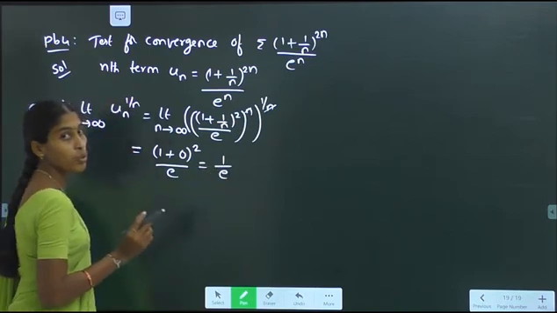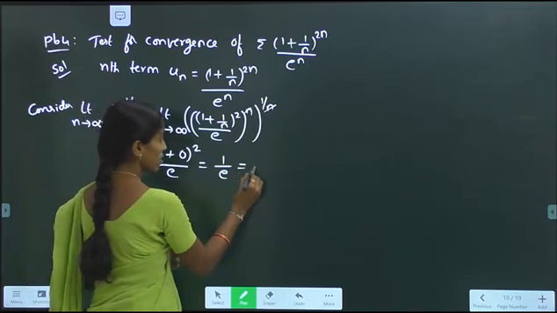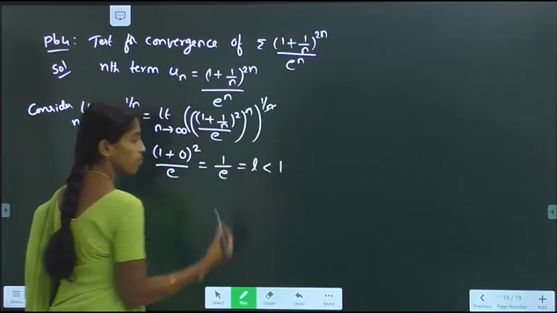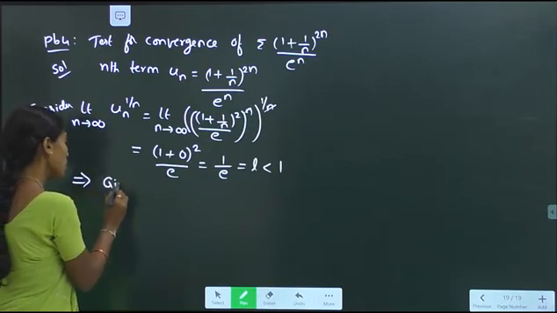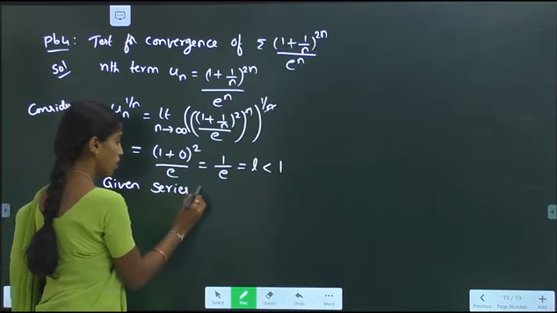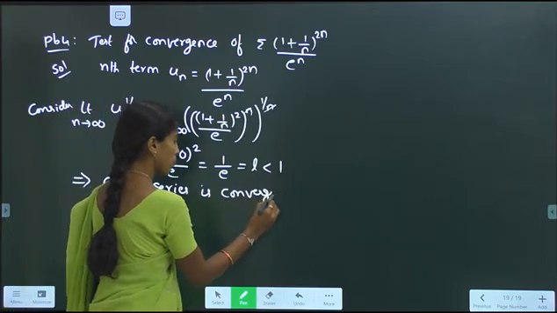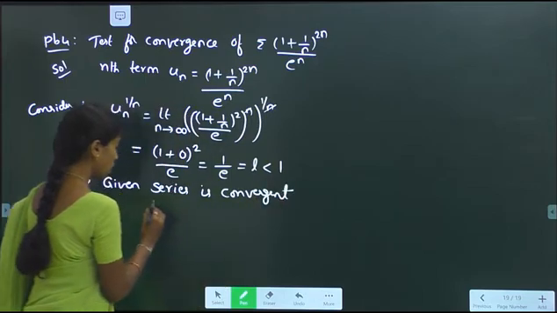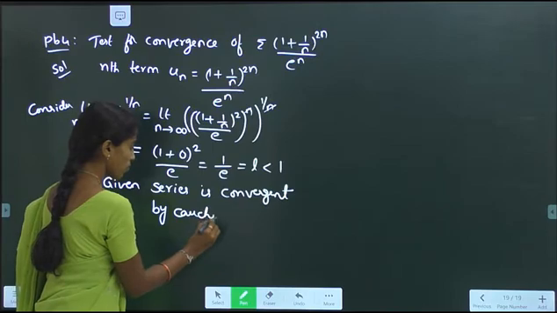E value is 2 point something. So 1 by e value is less than 1, implies the given series is convergent by Cauchy's nth root test.